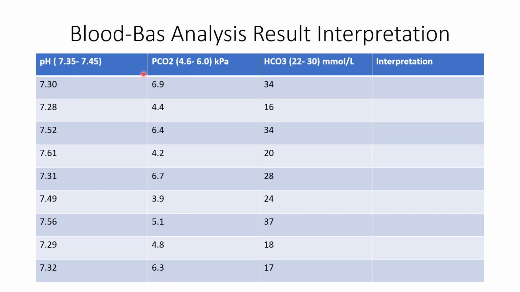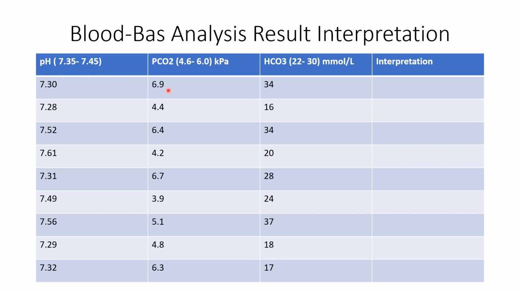The partial pressure of carbon dioxide is 6.9, which is high and is acidosis, meaning that the respiratory component tallies with the pH. That makes it the primary pathology. So the primary pathology for this patient will be a respiratory acidosis.